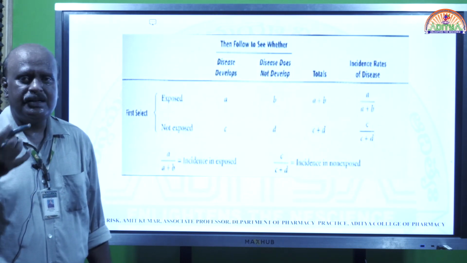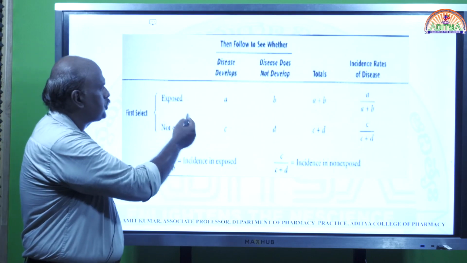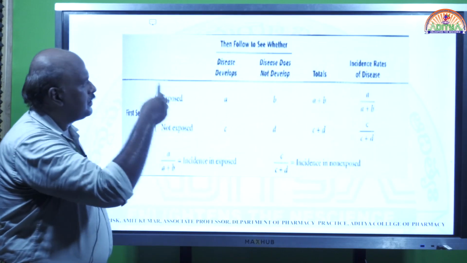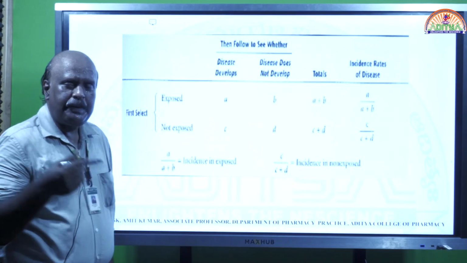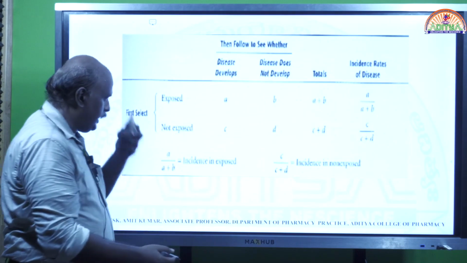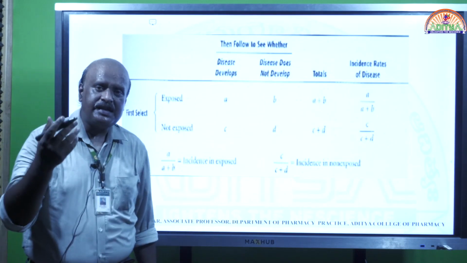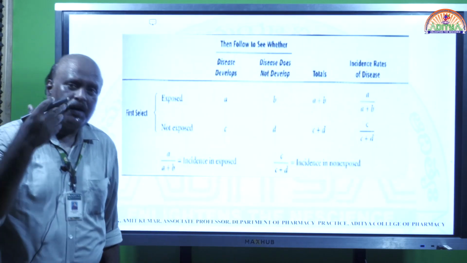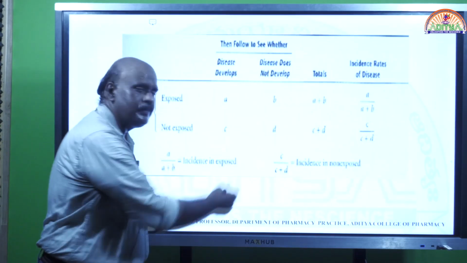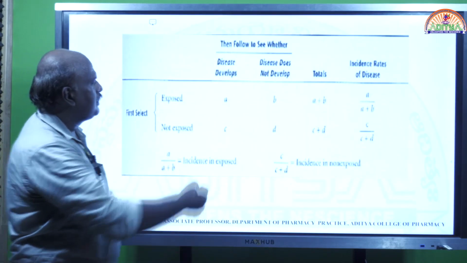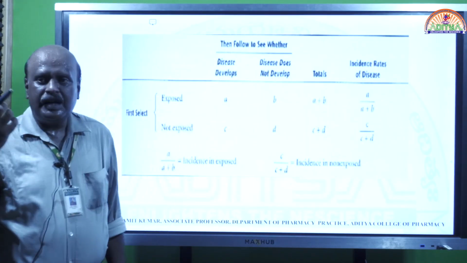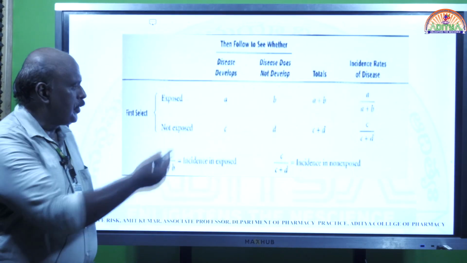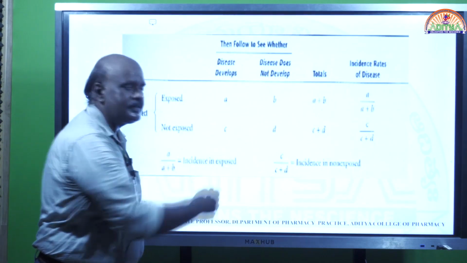In the exposed group, the number of people who got the disease is A, and in the non-exposed group, the number of people who got the disease is C. Whereas the number of people who have not got the disease in the exposed group is B, and in the non-exposed group is D. So the population of the exposed group is A plus B, whereas the population of the non-exposed group is C plus D.